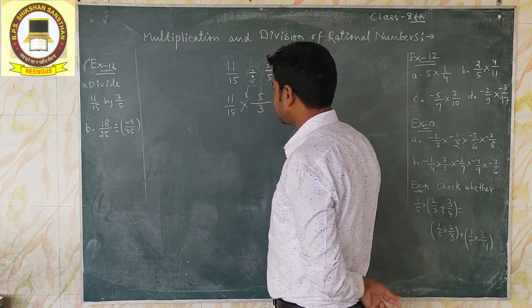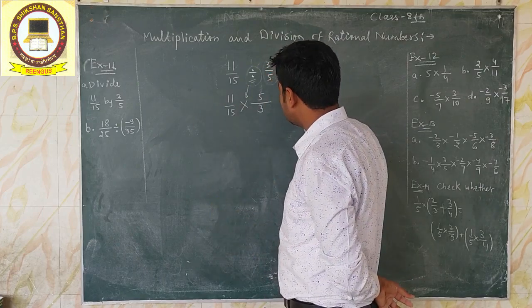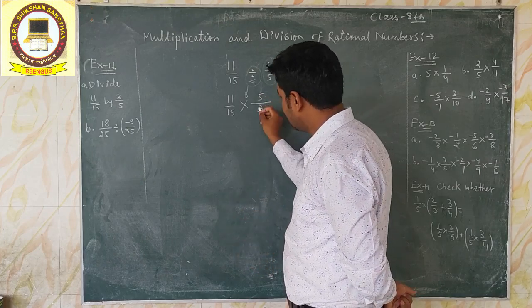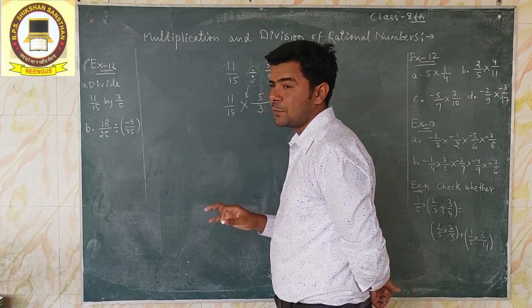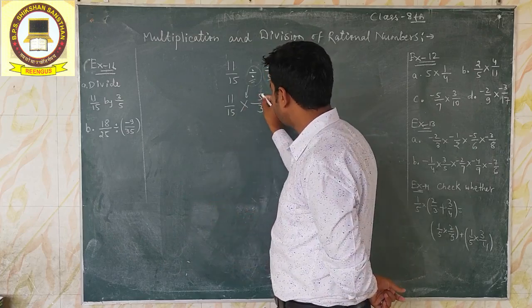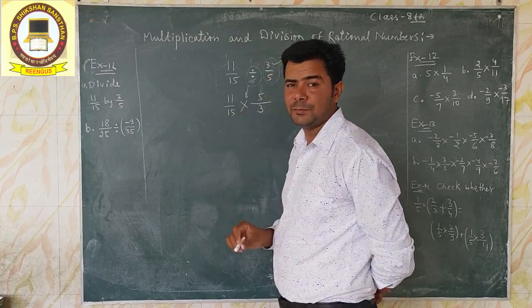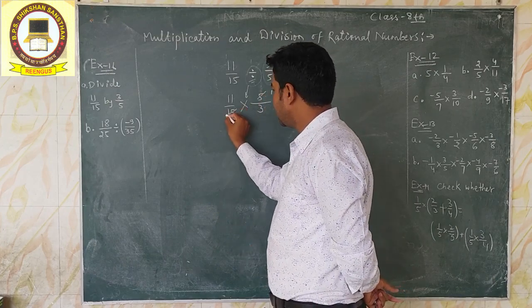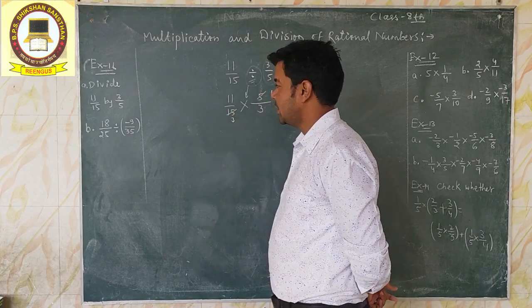Now you check whether any of the numbers can be simplified. We can see 5 and 15 can be divided. 5 divided by 5 becomes 1, and 15 divided by 5 gives 3.